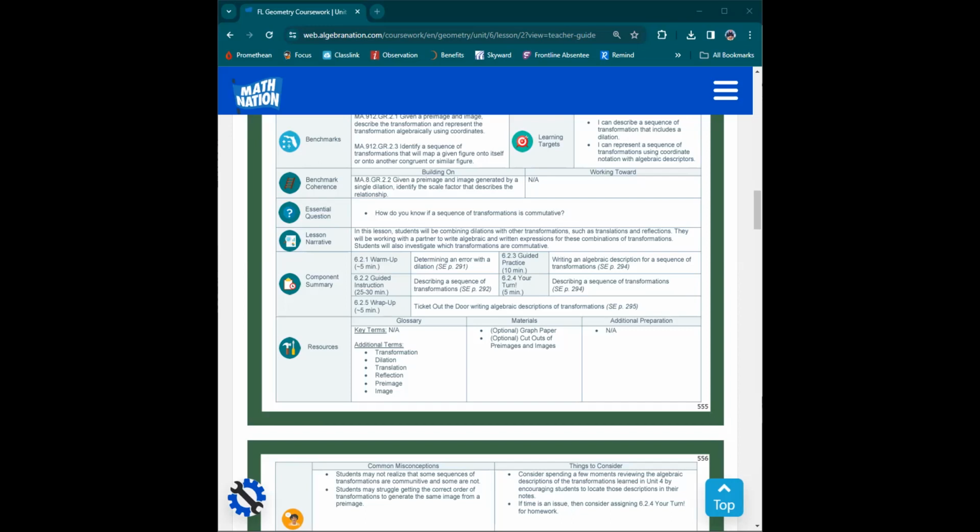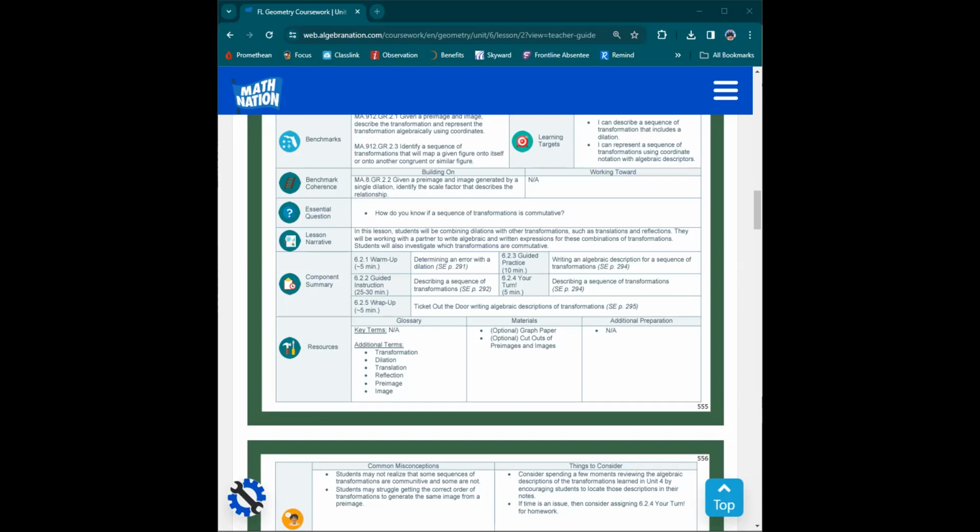Okay, so remember my scale factor is going to be equal to anything that I know about my after image divided by my before. Let's do the y.